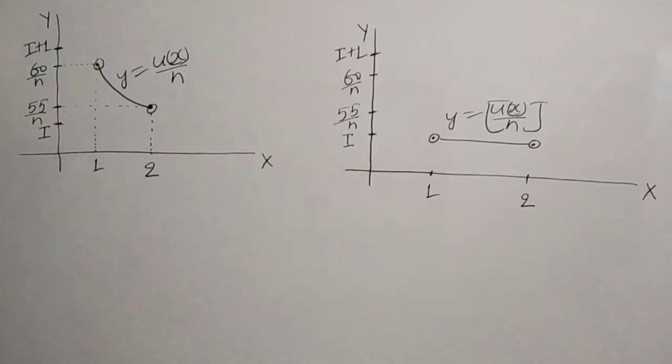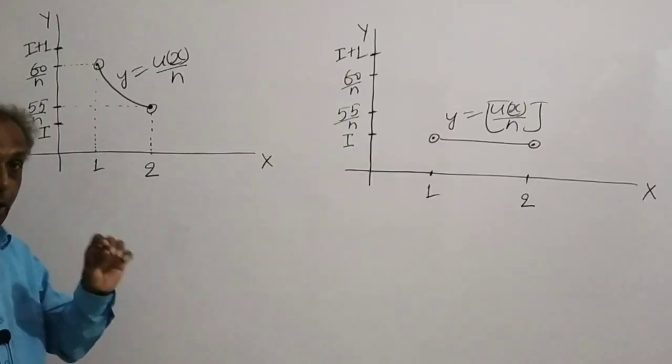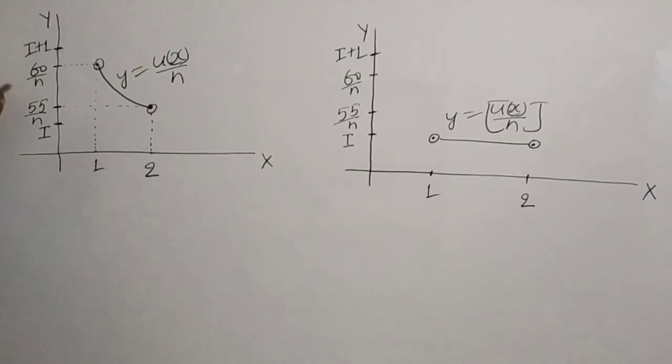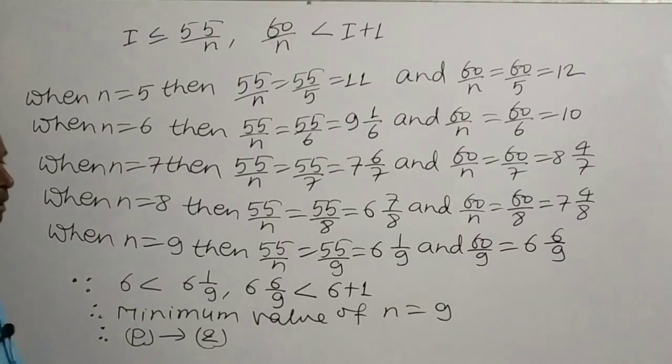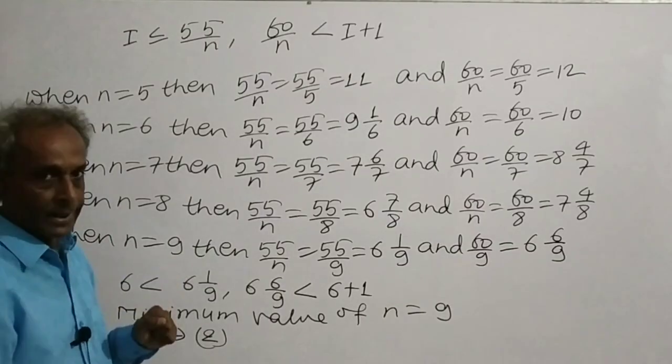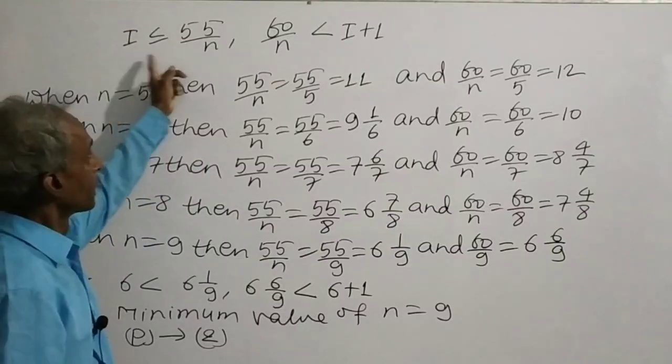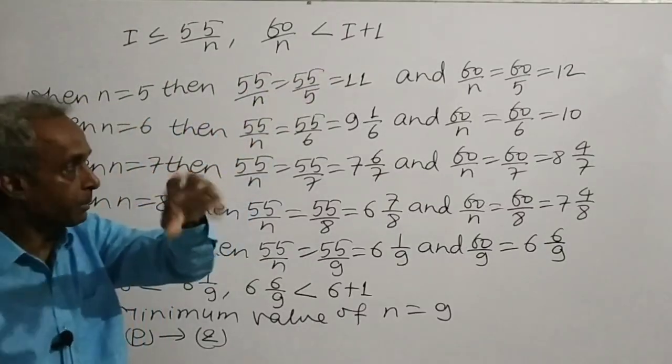Now we will have to check for which smallest natural number n, 55 by n and 60 by n both lie between I and I plus 1. For f(x) to be continuous in the interval 1 to 2, this condition must be fulfilled.